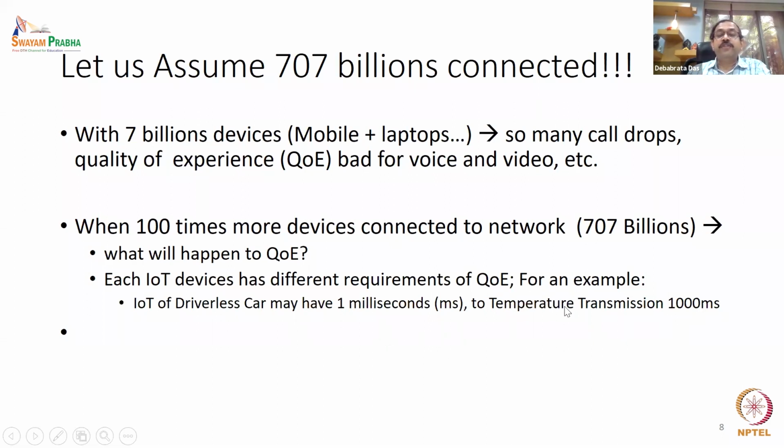So 1 millisecond to 1000 milliseconds is a 1000 times difference in quality of experience. And here you have to design a network with the same infrastructure, not two infrastructures, the same base station, same wireless medium, same 5G network. The same infrastructure catering to 1 millisecond delay and also to 1000 milliseconds. How to do that? For example, the same road is used for you to drive in congestion, and the same road you want an ambulance to use to reach the destination in much less time, because you cannot lay down a road for every activity.